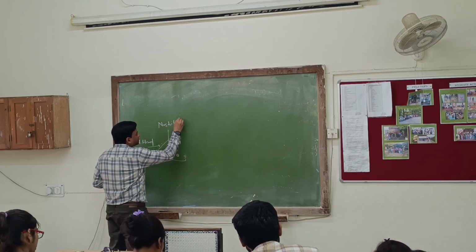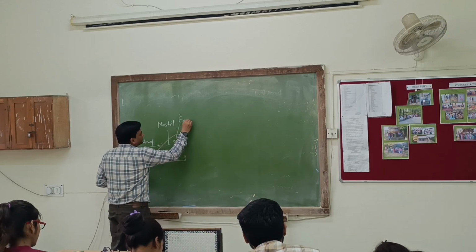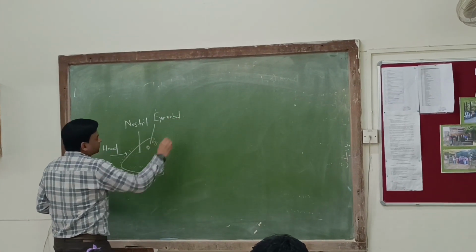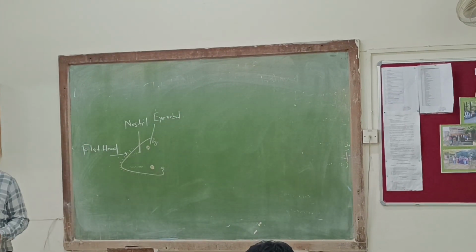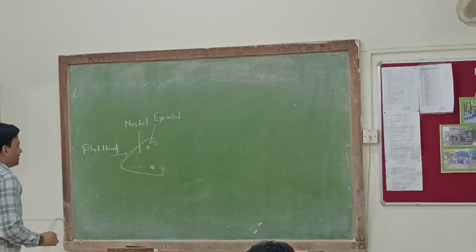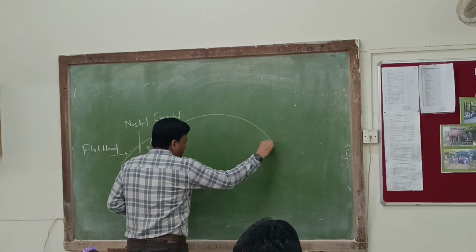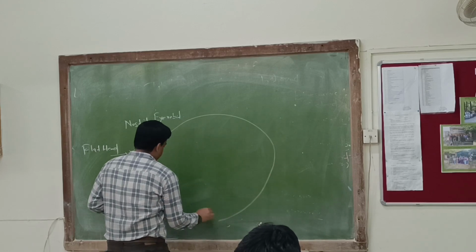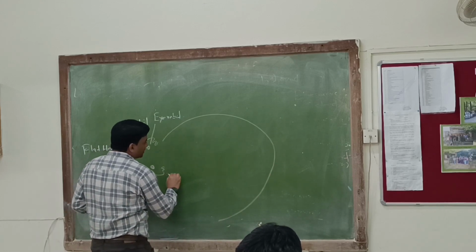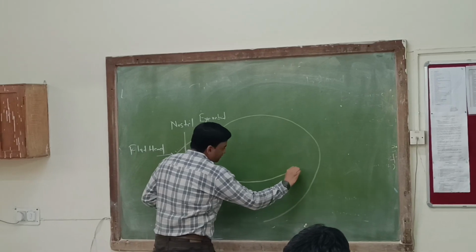This is the eye orbit. This is a flat head. Then the body is like a fish.